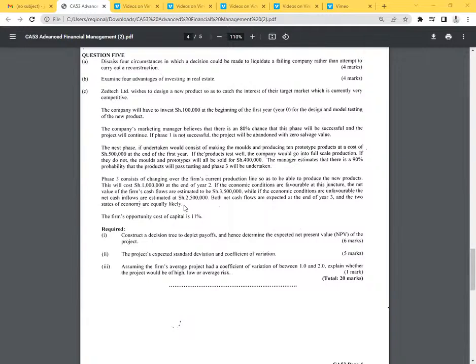The firm's opportunity cost of capital is 11%. So basically they're giving us the COC, the cost of capital. They want us to construct a decision tree to depict payoffs and hence determine the expected net present value of the project.